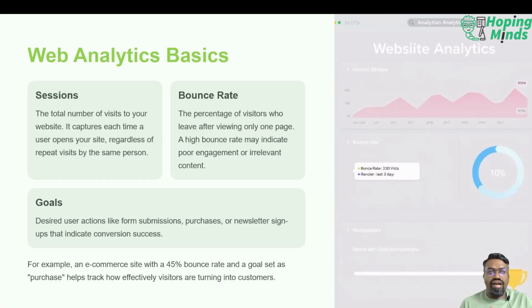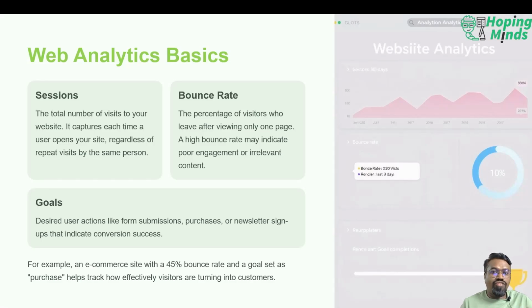So understand from this point of view that if you are visiting a website the first time, you will be counted as one, right? And then let's say if we scroll down on the website and then we click on some other link, my count will become two, right? So these are nothing but called sessions, right?